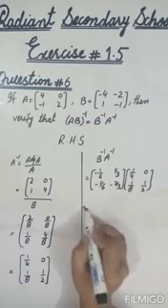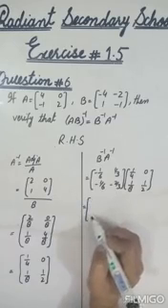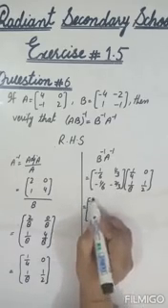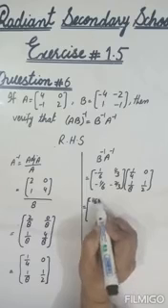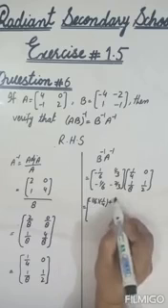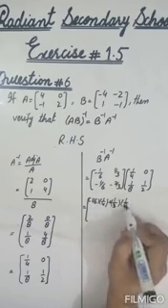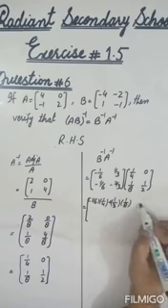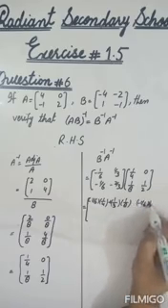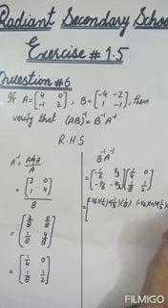Now simply we have to multiply first row with first column. Minus 1 by 6 into 1 by 4 plus 1 by 3 into 1 by 8. Then minus 1 by 6 into 0 plus 1 by 3 into 1 by 2.